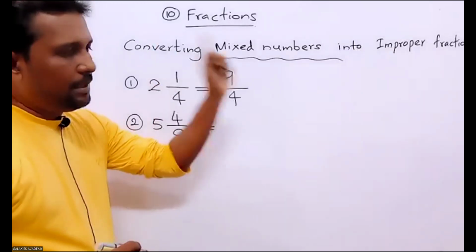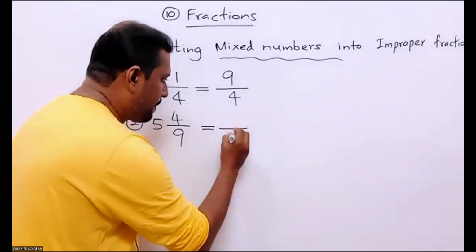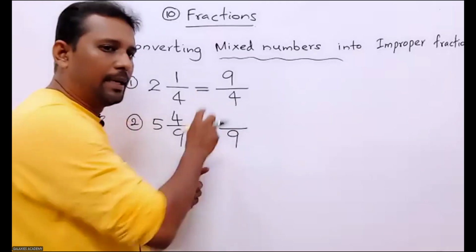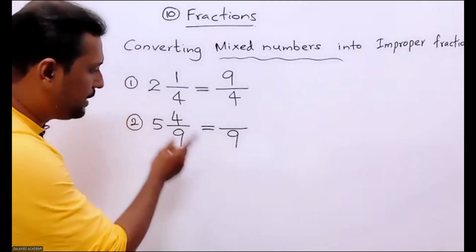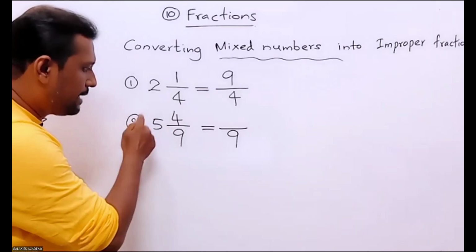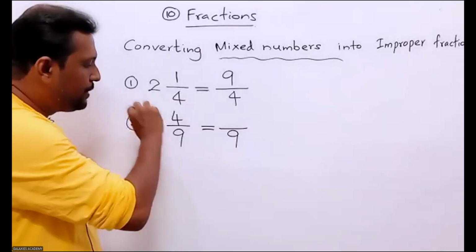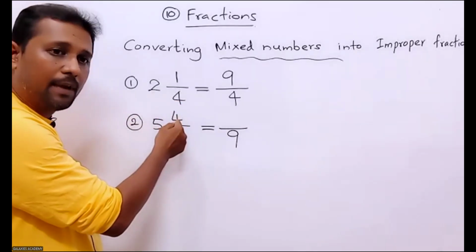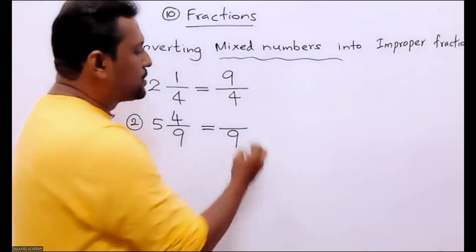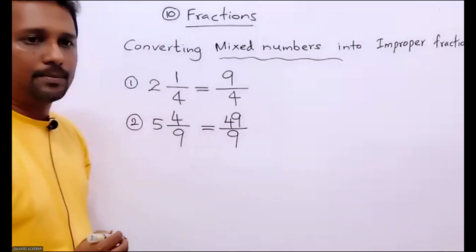So the improper fraction denominator should be the same, 9. To get the numerator, multiply these two values: 9 times 5 is 45. Then add the numerator 4: 45 plus 4 is 49. So the improper fraction is 49 over 9.